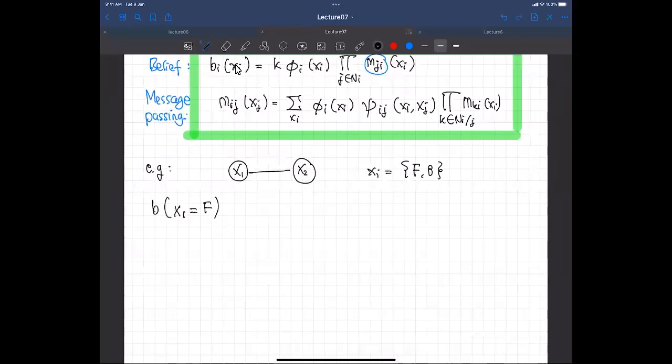And of course, we also want to know the belief of x1 equal to background. Then if we have these two beliefs, we can compare which one is higher. If the belief of x1 equal to f is higher than the belief of x1 equal to b, then the label of x1 is f.